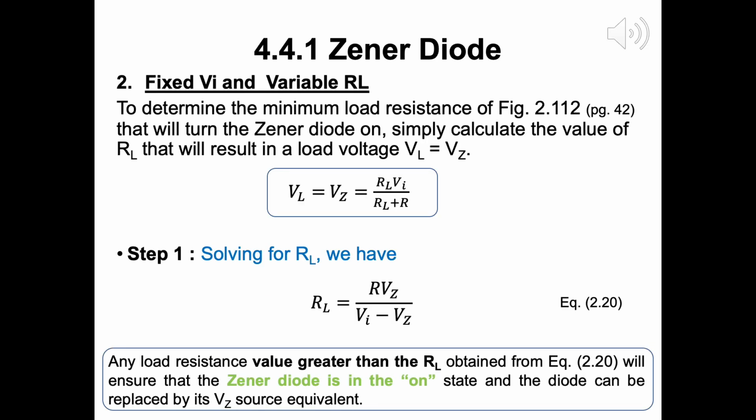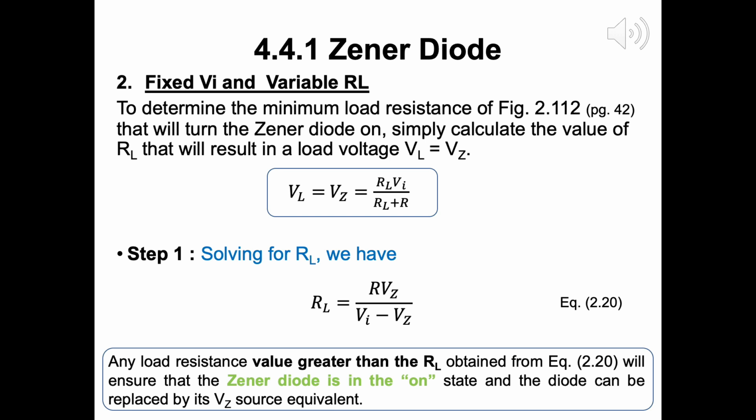For the second type of the voltage regulator, which is with fixed source and varies on the load, to determine the minimum load resistance of Fig 2.112 on page 42 that will turn the Zener diode on, simply calculate the value of RL that will result in a load voltage VL equal to VZ.